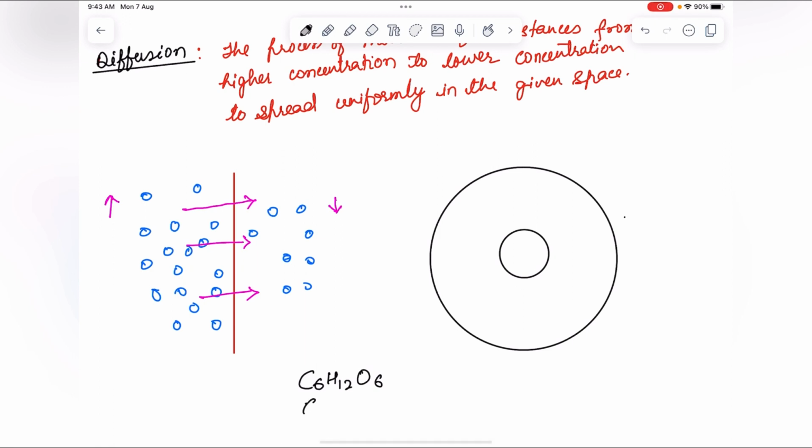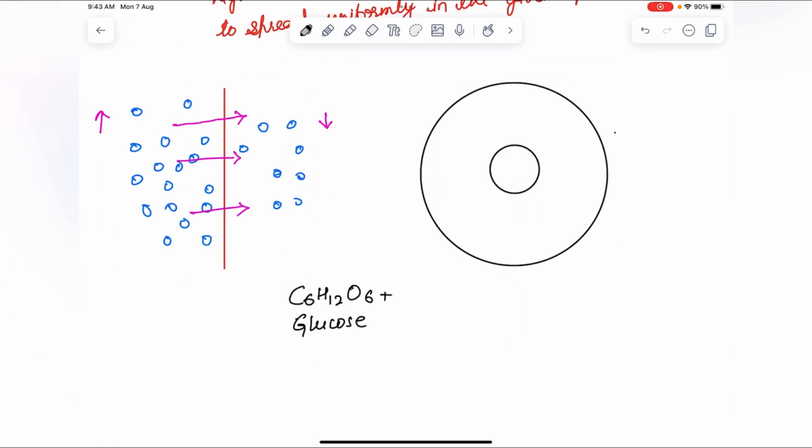Glucose plus oxygen forms CO2 plus H2O plus energy. Glucose oxidizes in the presence of oxygen and breaks down into carbon dioxide, water and ATP.